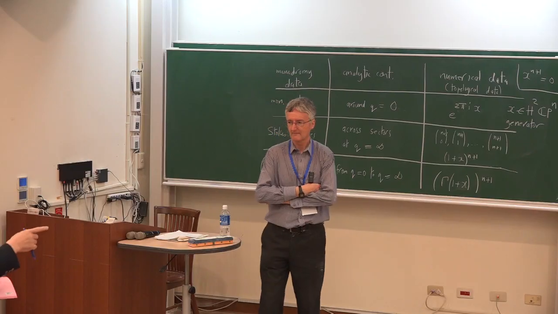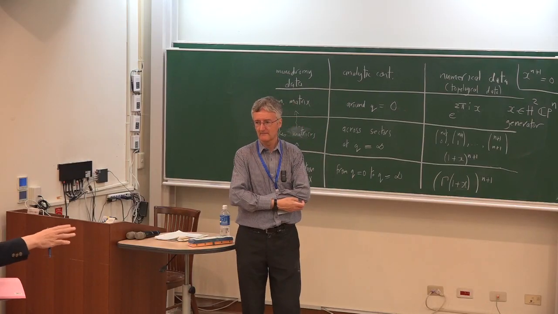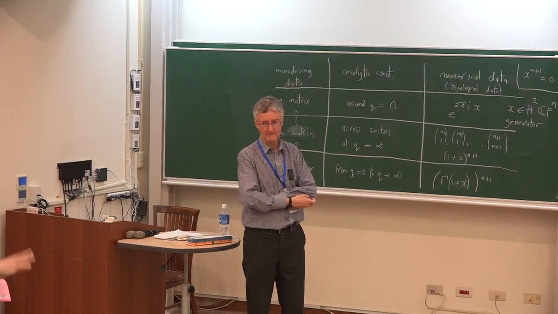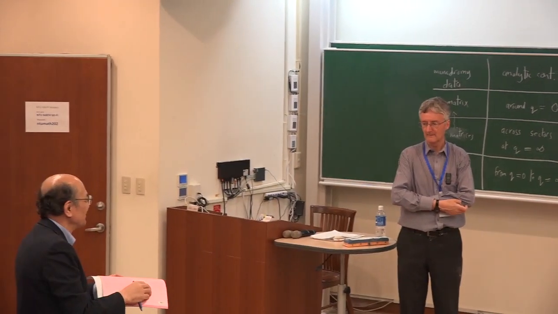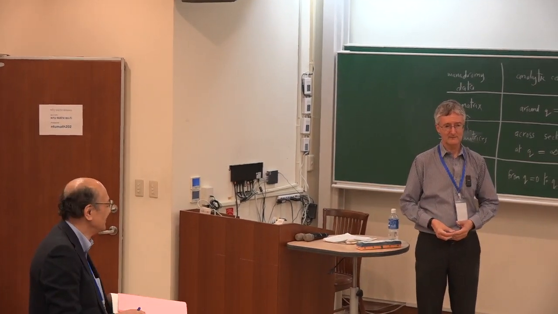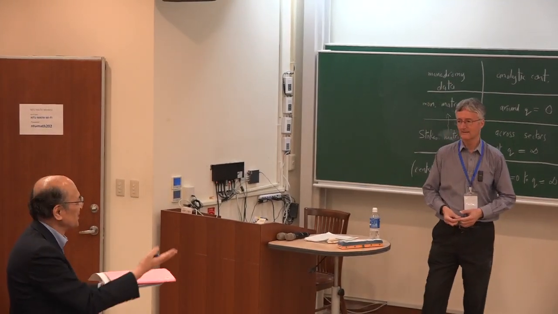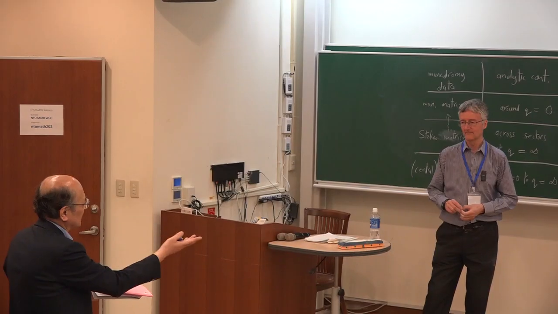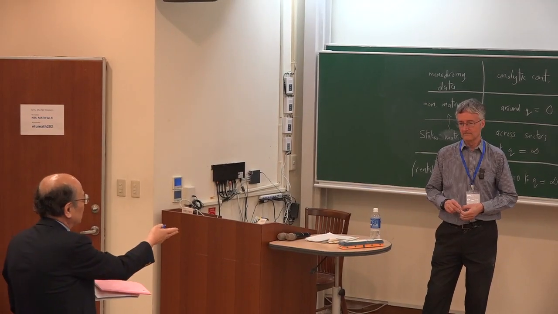A somewhat related question, very naive: for an arbitrary complex vector bundle, we can define a gamma class. Why tangent bundle? Yes, that's right, for any complex vector bundle. So the tangent bundle is special, right? That's related to somehow quantum cohomology.